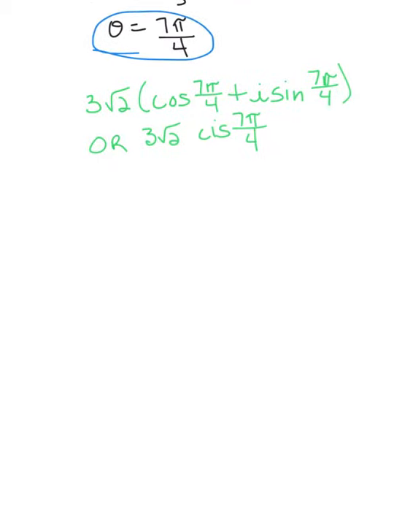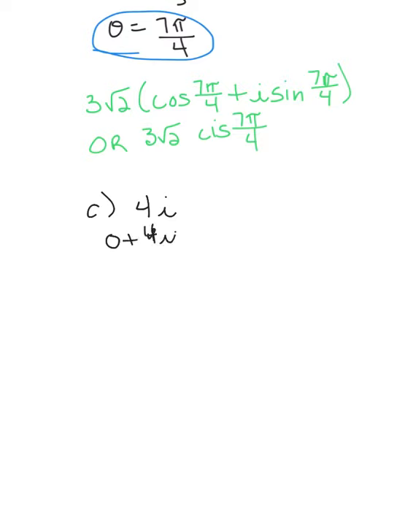For our last example of this, we are going to look at the number that is 4i. That is still a complex number because it has I in it. Well, let's think about that. It could be written as 0 plus 4i.